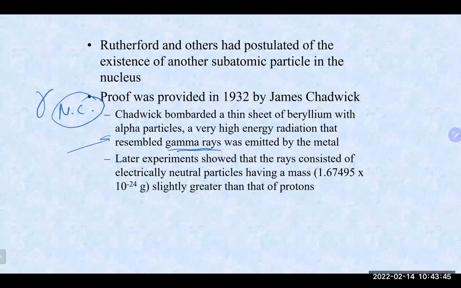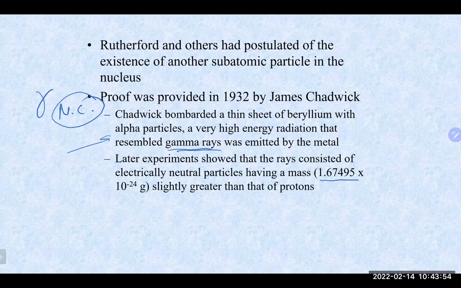And the neutrons have a mass of 1.67495 times 10 to the minus 24. It just barely beats out the proton; the neutron is slightly heavier than a proton.